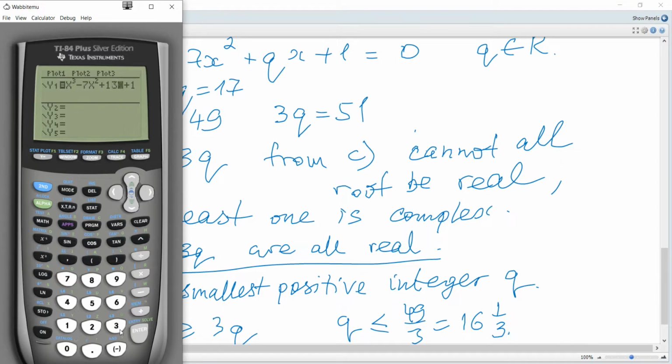If we consider, for example, 13, we can see only one real root, but we need the smallest positive value, so let's consider 12.